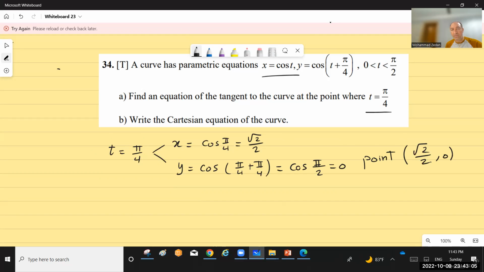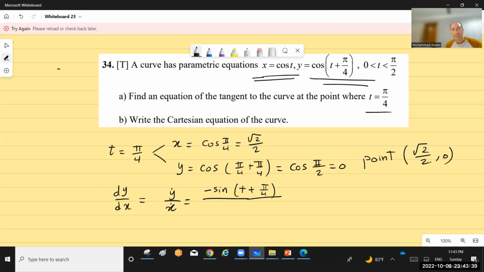After that, I'd like to find the first derivative, the slope of the tangent at the given point. dy by dx in the parametric equation is simply y dot over x dot, where y dot is the derivative of y with respect to t, and x dot is the derivative of x also with respect to t, because each of them is a function in the parameter t. So y dot is the derivative of cosine, which is negative sine of the same angle, t plus pi over 4, multiplied by the derivative of t, which is 1.